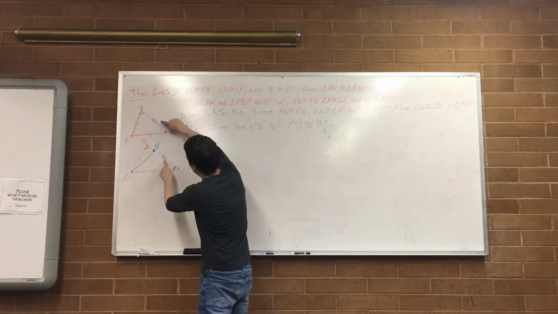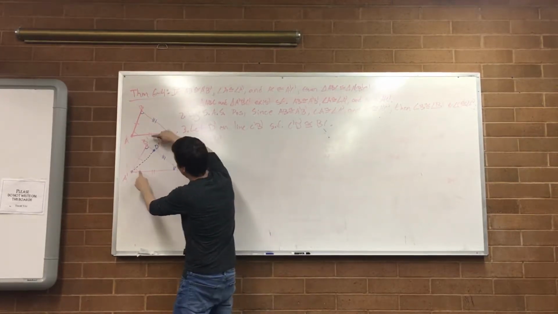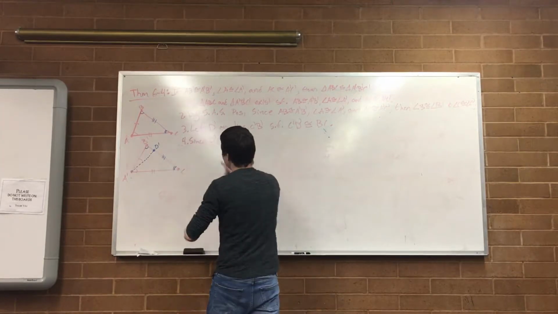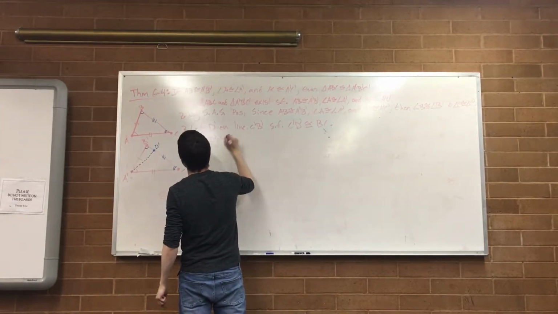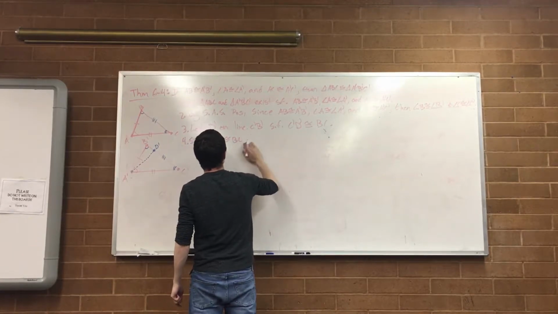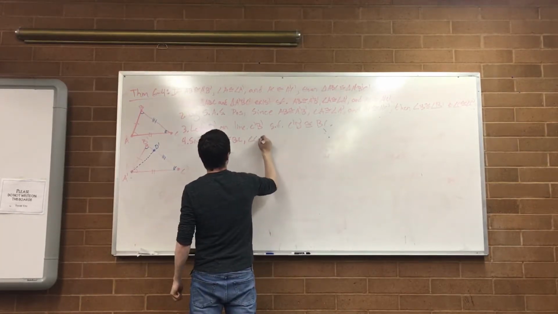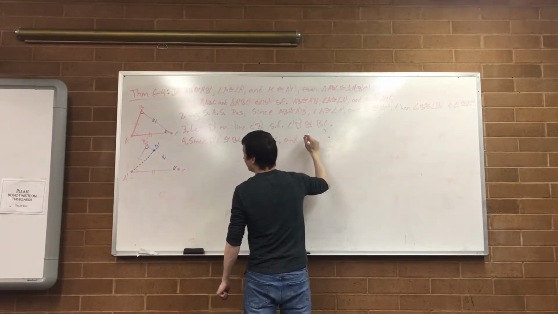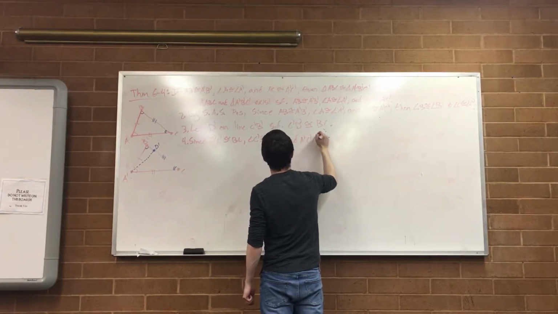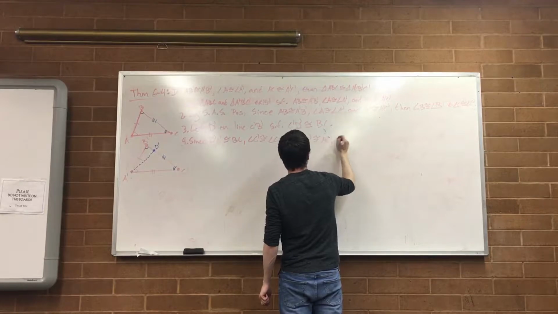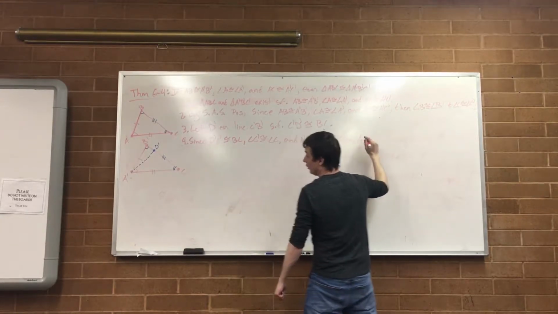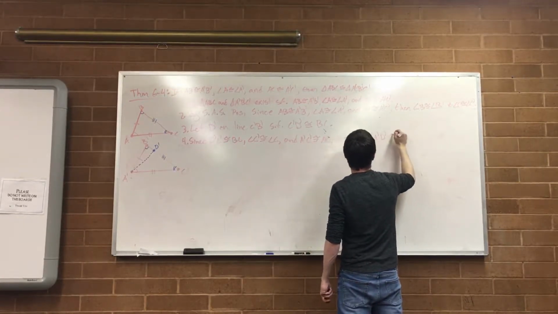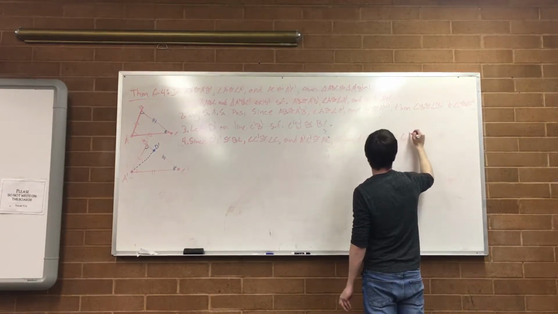Since D prime C prime is congruent to BC, angle C prime is congruent to angle C, and A prime C prime is congruent to AC, then angle C prime A prime D prime is congruent to angle A.